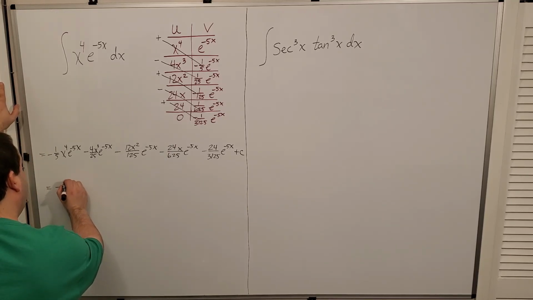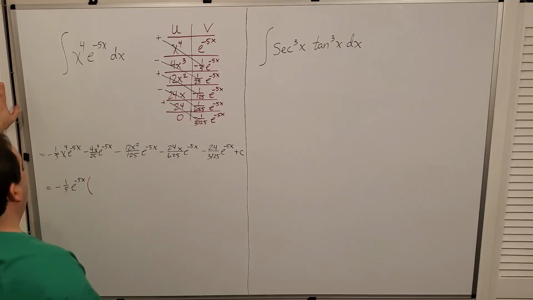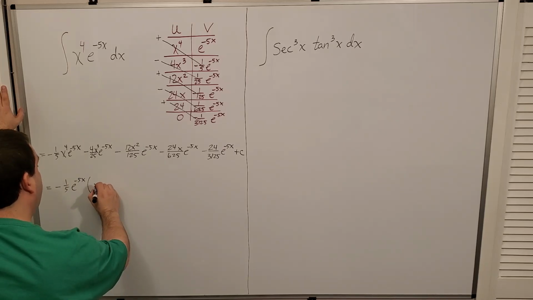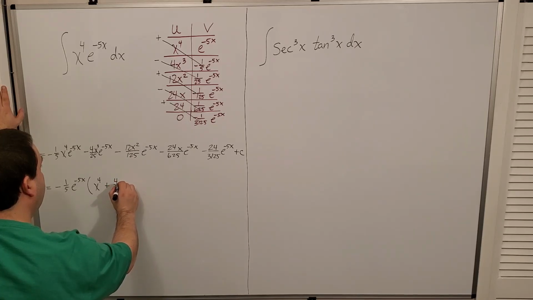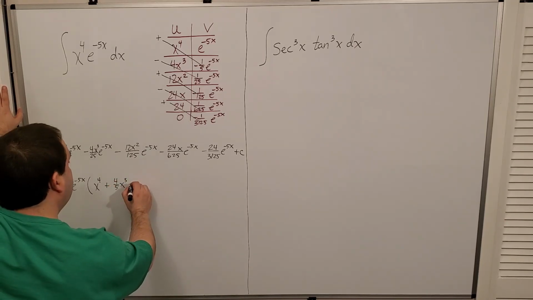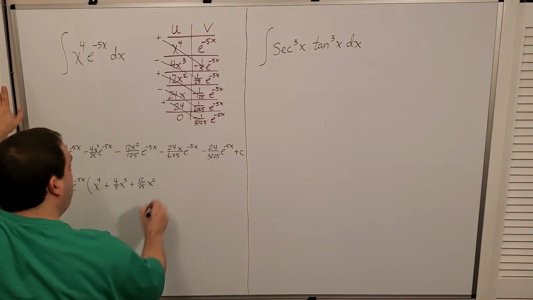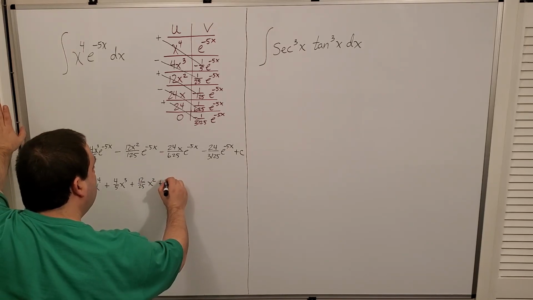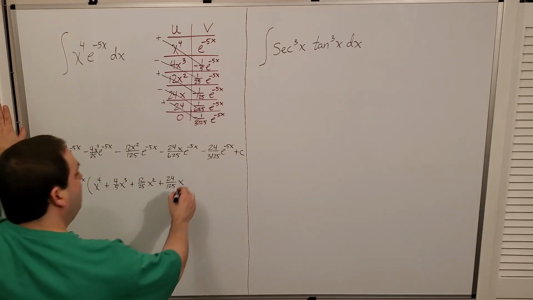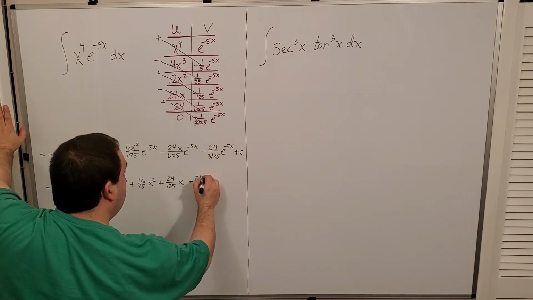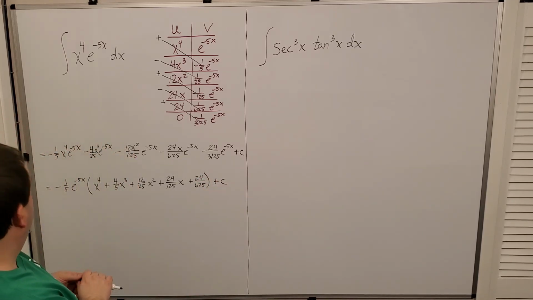So let's do that. Negative 1/5 e to the negative 5x times, I have x to the 4th plus 4/5 x cubed plus 12/25 x squared plus 24 over 125x, and lastly plus 24 over 625, and then everything plus c, right?